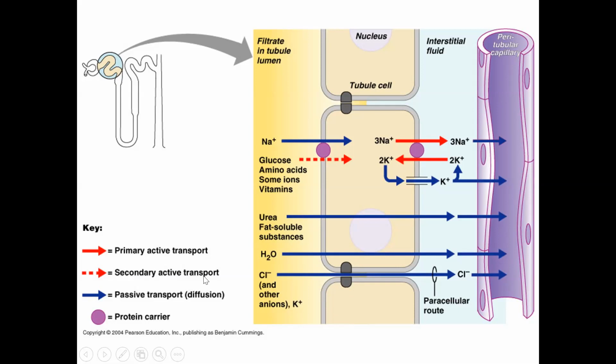A dashed red arrow means secondary active transport. If you forgot what secondary active transport is, you may want to go back and read your textbook a little more, from the early 430 lectures. It is still active transport, so it still requires ATP put into the process, but it's called secondary active transport because it has two parts.